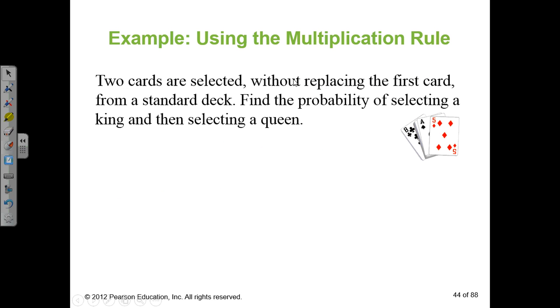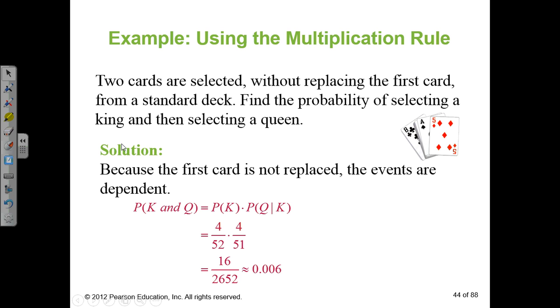So let's find some probability using the multiplication rule. 2 cards are selected without replacing the first card. Find the probability of selecting a king and then selecting a queen. Well, the probability of getting the king is 4 out of 52. Then the probability of a queen, given that the king was drawn and not replaced, is 4 out of 51. 4 times 4 is 16, and 52 times 51 is 2,652, which is approximately 0.006.